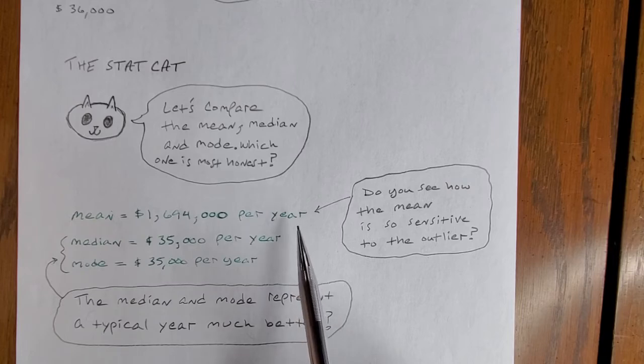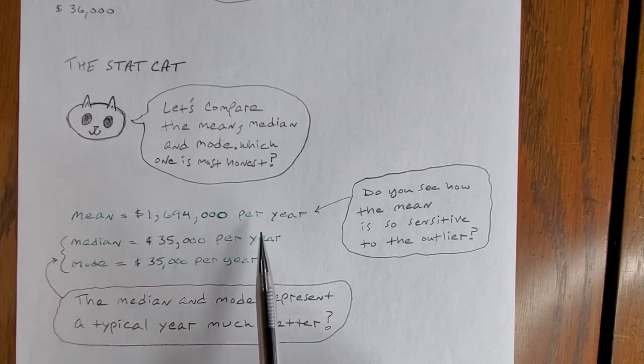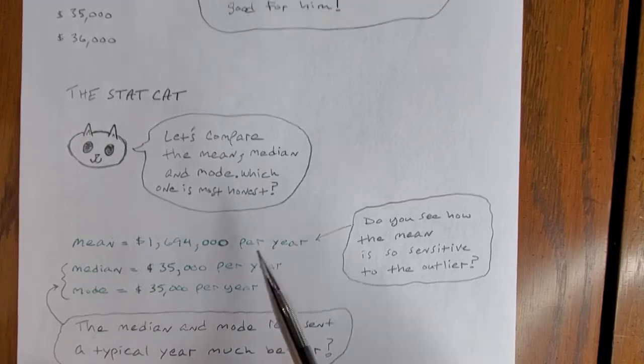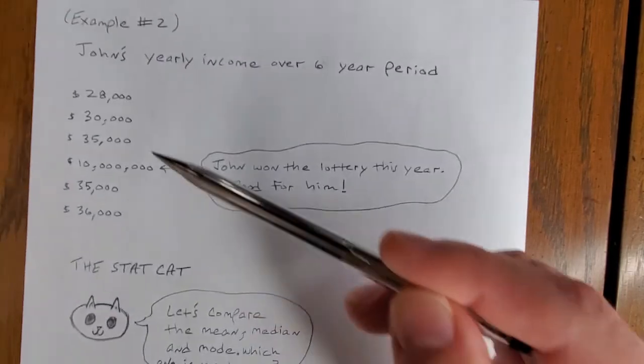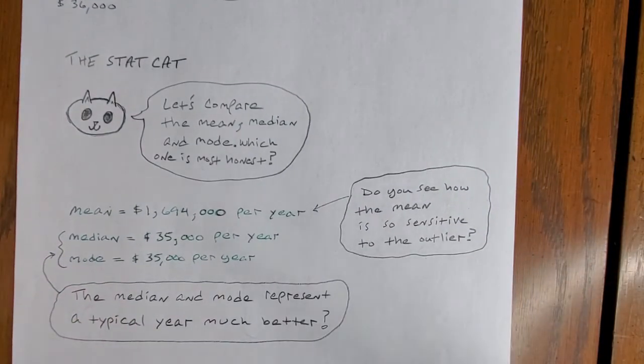But like I said, you can be dishonest with statistics. It's not a lie to say the mean is $1,694,000 per year, but I do think it would be dishonest to give somebody the impression that that was typical. So if we're going to represent the data set in terms of a typical entry, in this case, the median or the mode.